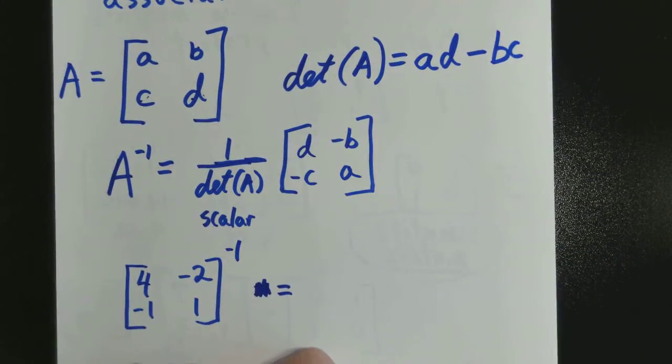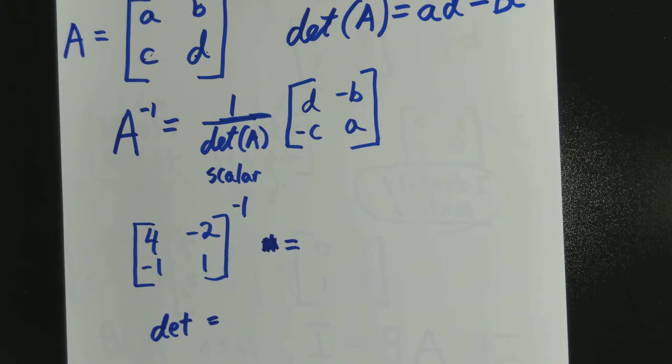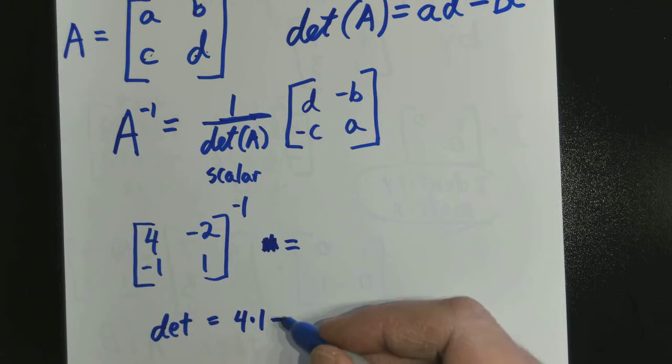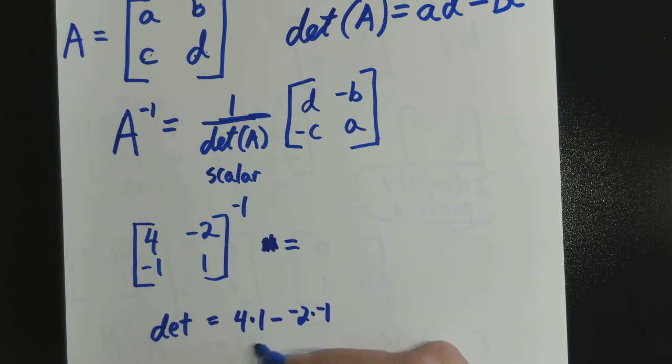But I need the determinant. How do I find it? Ryan? AD minus BC. Okay, what are my specific values in this one? It would be 4 times 1, which is 4, minus -2 times -1, so that's 4 minus 2. So our determinant is 2. Okay?